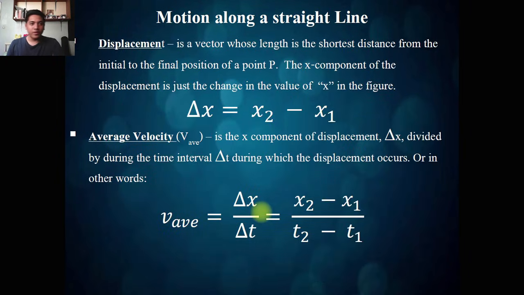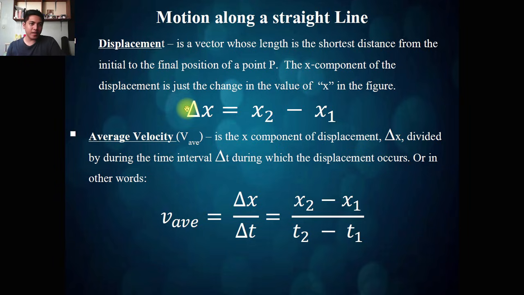So, what is a displacement? Basically, displacement is a vector whose length is the shortest distance from the initial to the final position. In other words, you have a final position x sub 2 minus x sub 1, delta x. Displacement can be negative. Displacement is different from distance. Distance is how much the particle has traveled.